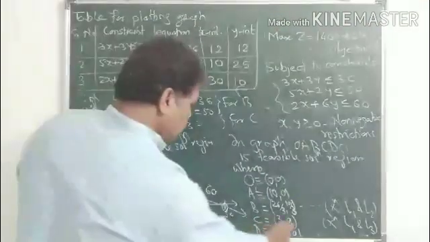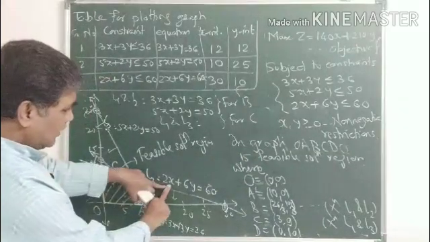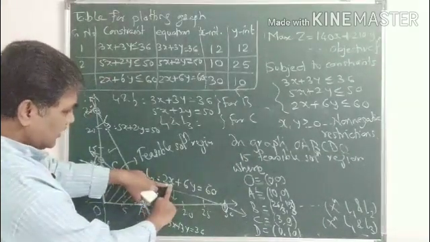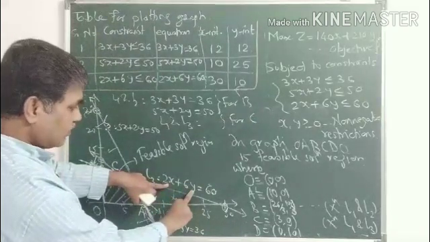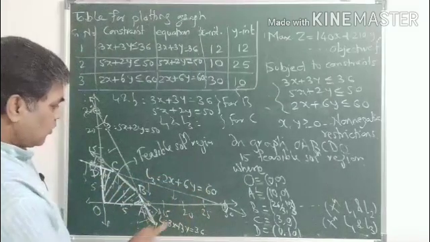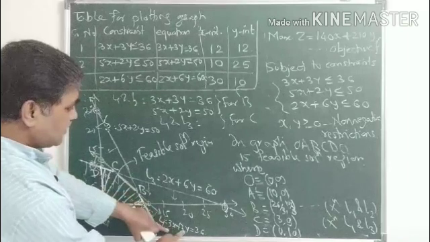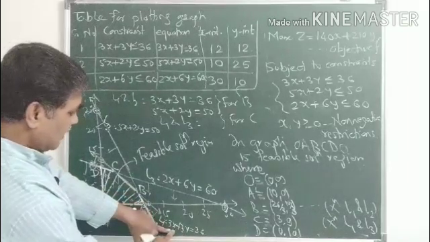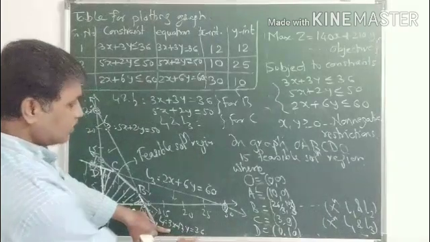So 3, 9 is the solution of L1 and L3. In L3 I put 3 into 2, 6, plus 6 into 9, 54. 54 plus 6 is 60. In L1, 3x plus 3y, if I put 3, 9, 3 3s are 9 plus 27, 36.